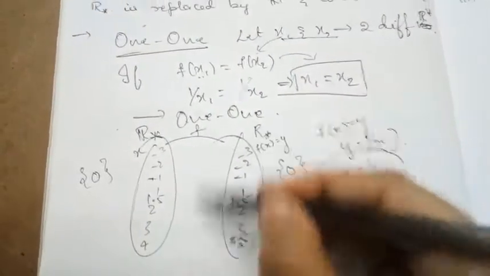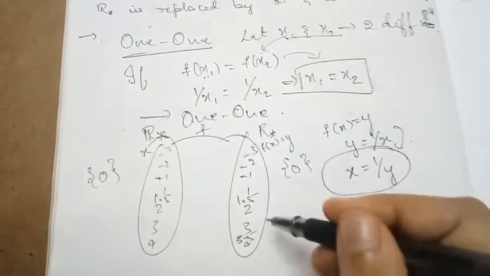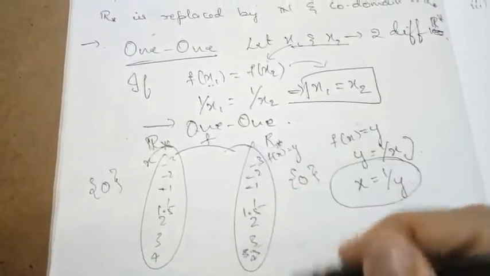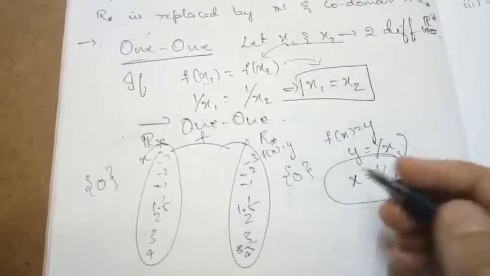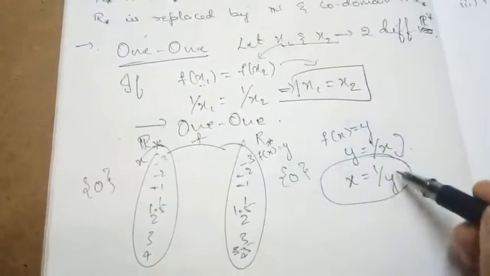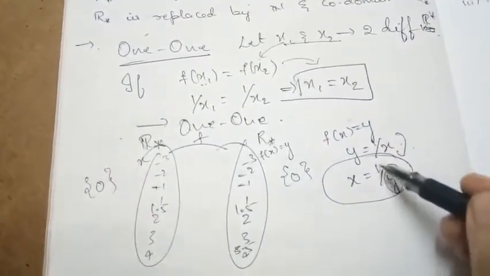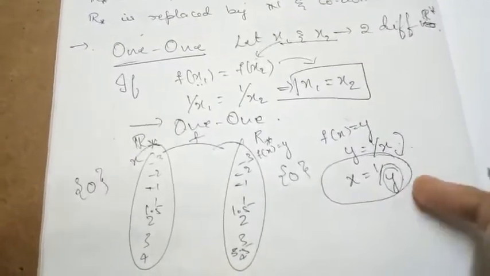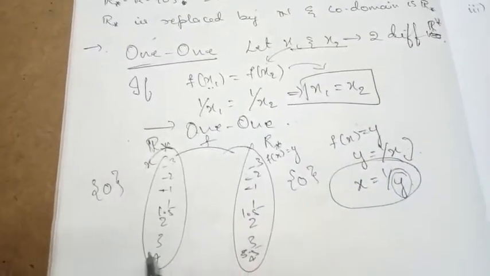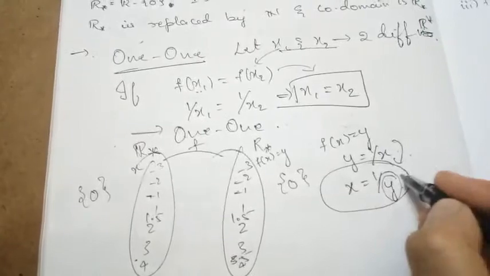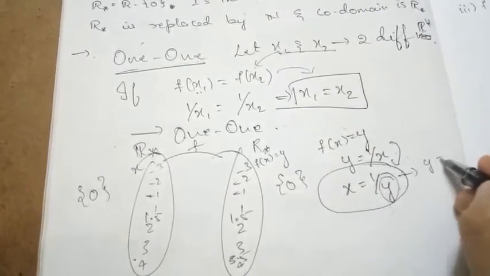Now you can feel the question here itself. Since it is a set of real numbers, if you take any real number from the codomain, 1 by any real number will give you a real number itself. This function is not defined when y is equal to 0.